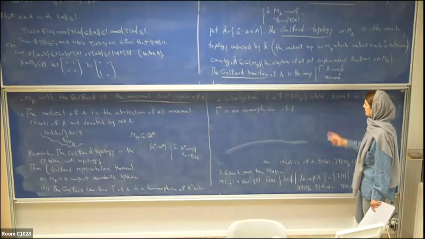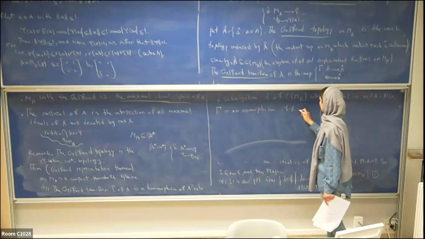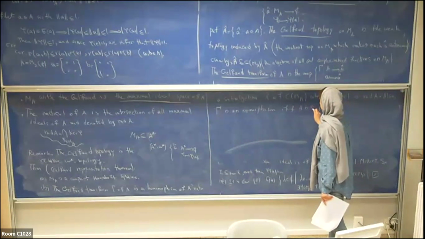The kernel is the radical of A, and so we expect A to be semisimple.